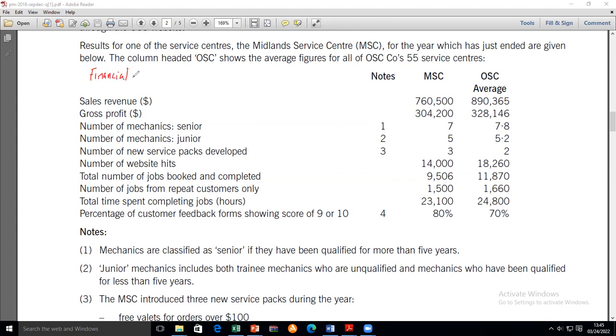Excellent. The gross profit margin. Good. Please, can you calculate the gross profit margins, all of you?